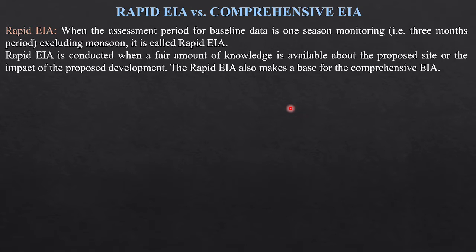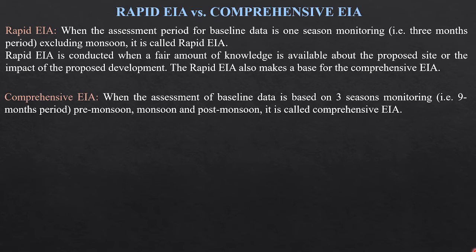The rapid EIA also makes a base for the comprehensive EIA. And when the assessment of baseline data is based on 3 seasons monitoring, that is a 9 months period, pre-monsoon, monsoon, post-monsoon, it is called comprehensive EIA.